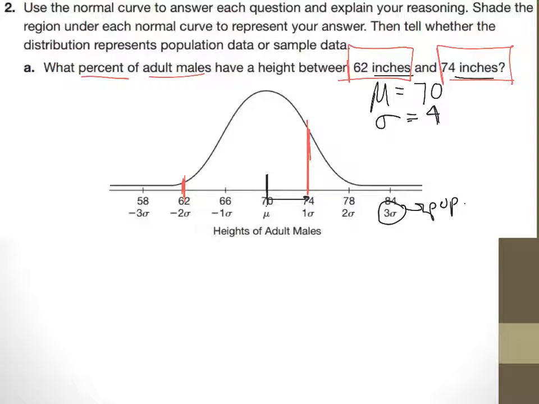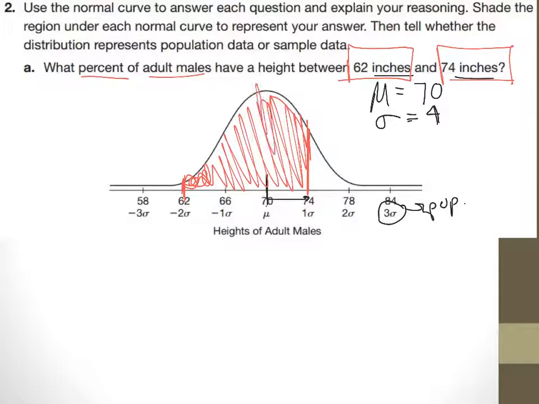So the area we're trying to find is this one right here. Now there are a number of different ways that you can solve these questions. If you find a way that works for you and you get the right answer, go for it. I'm going to explain it to you one way. If that doesn't work, make sure you ask questions, and I can definitely explain it to you a different way.